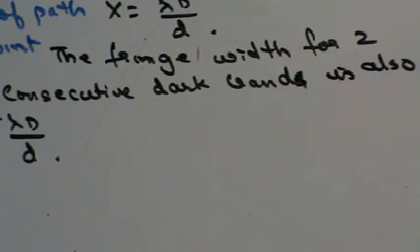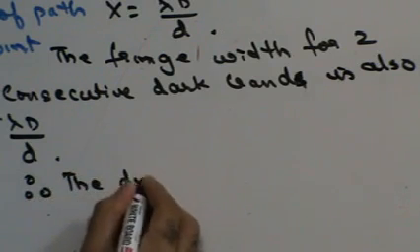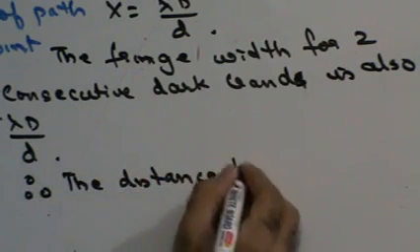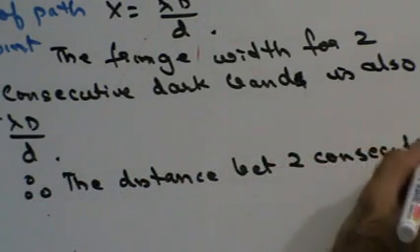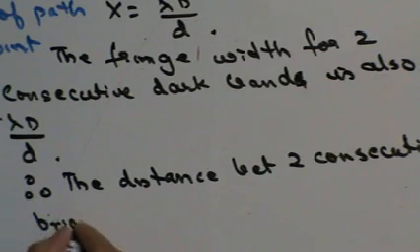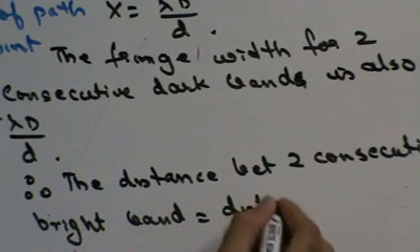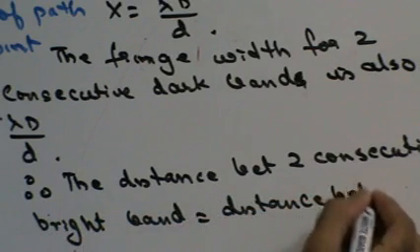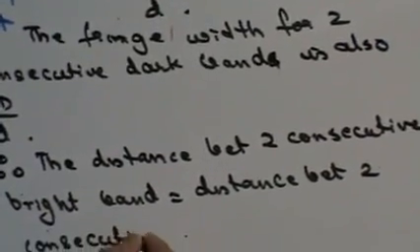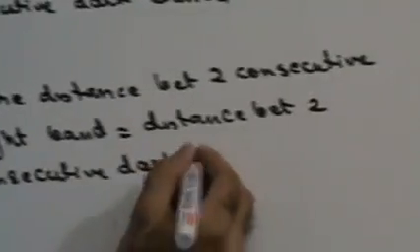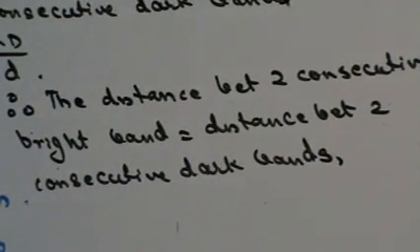I can say therefore the distance between two consecutive bright bands is equal to the distance between two consecutive dark bands, because the fringe width has come out the same in both the cases.